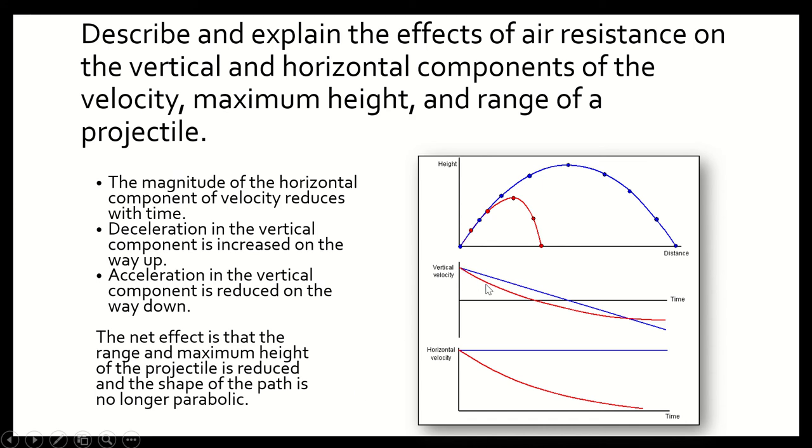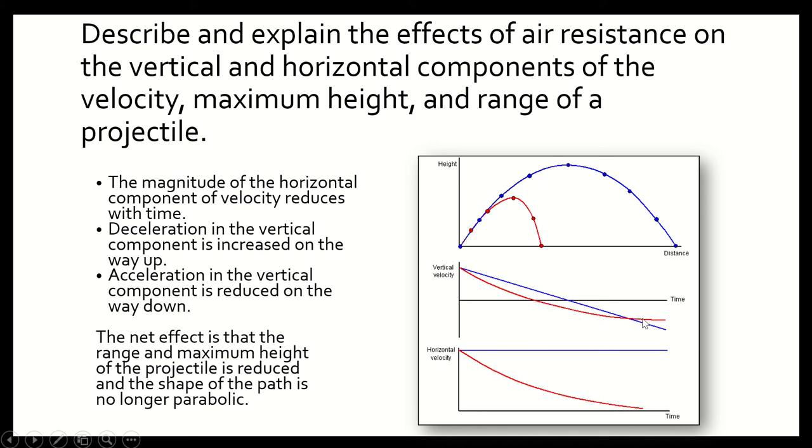It's decreasing faster though, because there is a drag force acting opposite the motion. This drag force is reducing the vertical component of velocity quicker. So what's going to happen is it's going to reach its max height in a shorter amount of time compared to no air resistance.